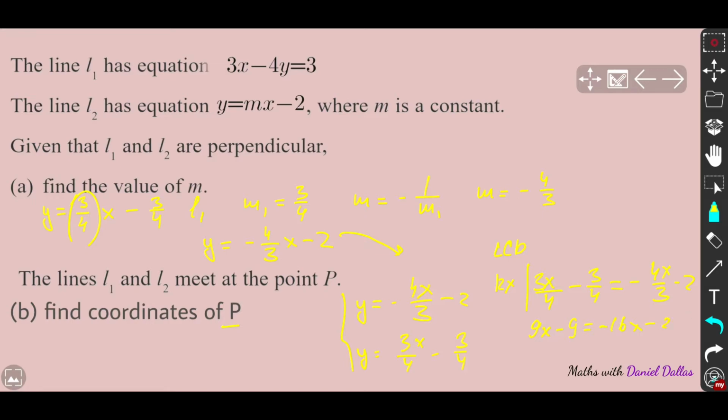And right now we have 25x equals negative 15, so x is negative 15 over 25. Of course we can present this result in the simplest form, so x is negative 3 over 5.